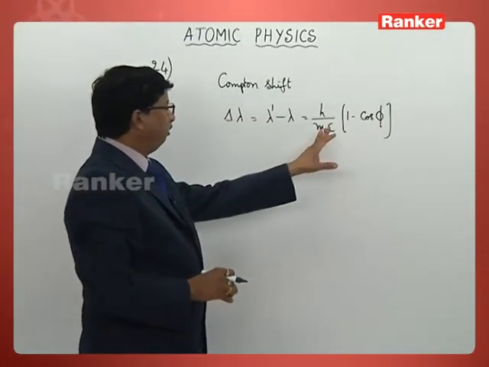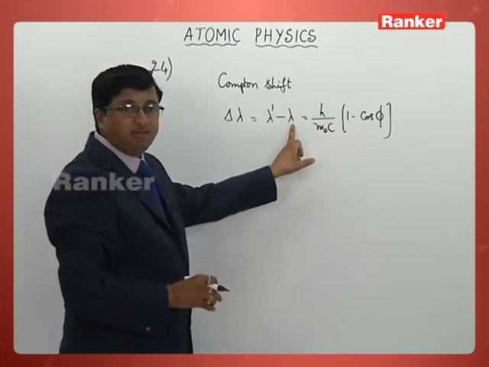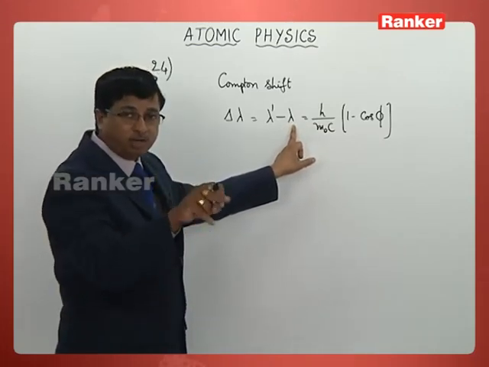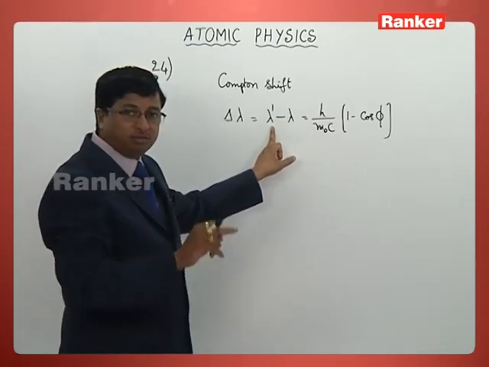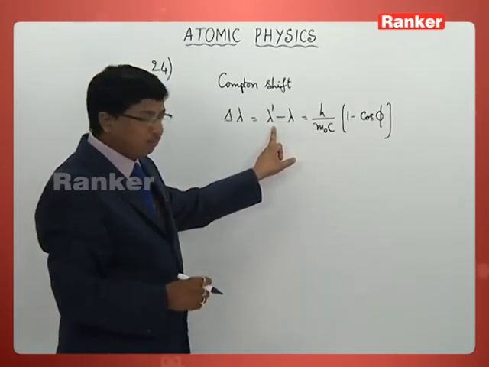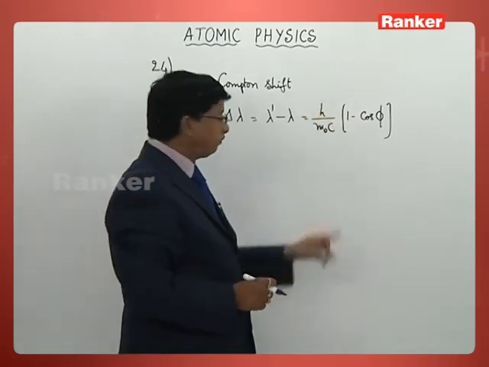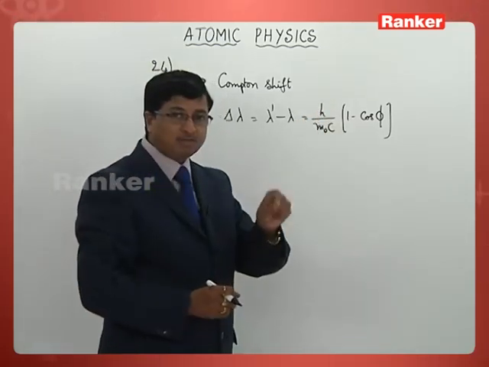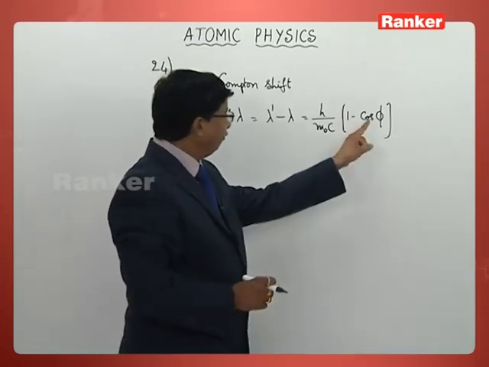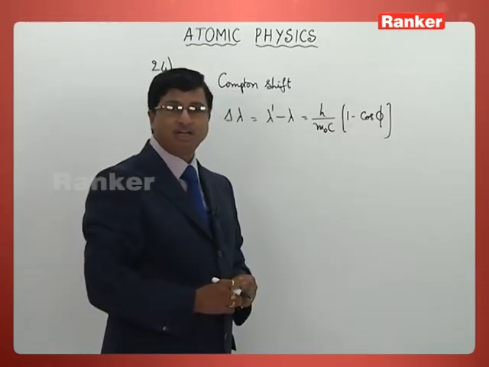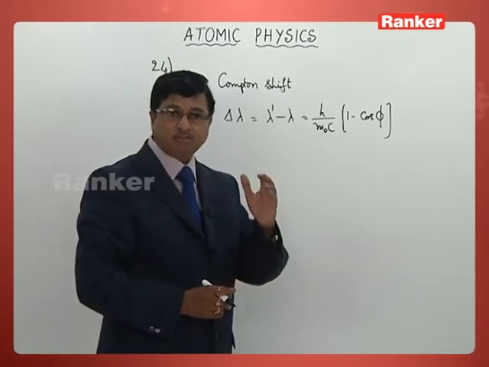All of you can understand in this particular case, lambda is the wavelength of the incident photon. Lambda dash is the wavelength of the scattered photon. h is Planck's constant, m naught is the rest mass of the electron, and c is the velocity of light. And this phi here, we call it the angle of scattering.